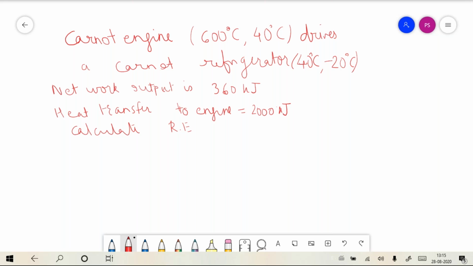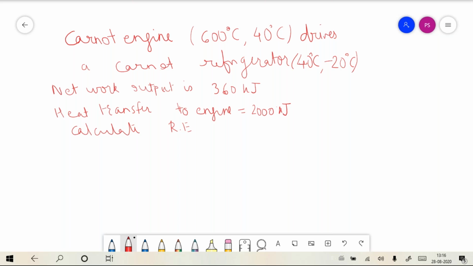Okay, so a Carnot engine operating between 600 degrees centigrade and 40 degrees centigrade drives a Carnot refrigerator operating between 40 degrees centigrade and minus 20 degrees centigrade.